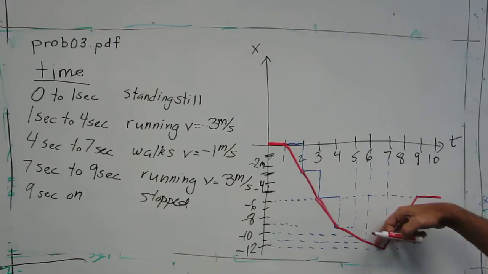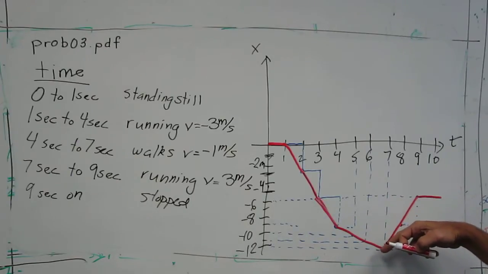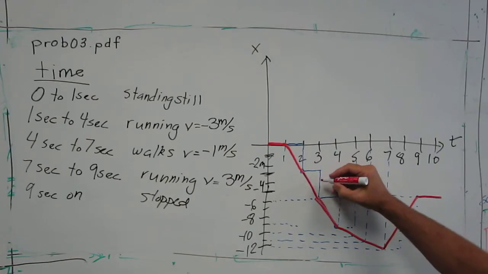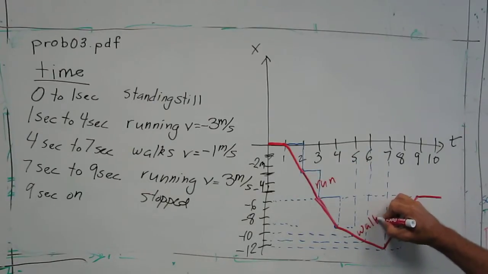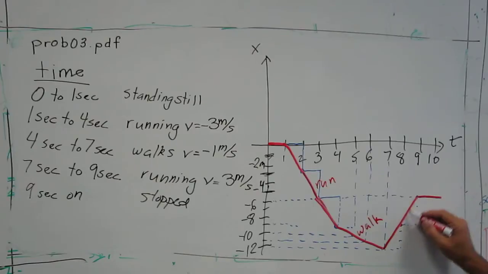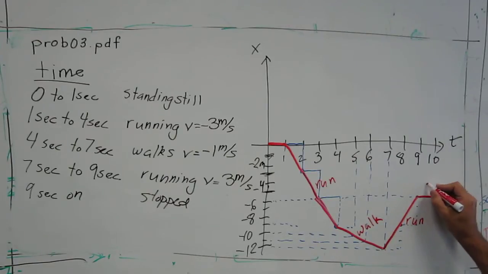Over here we're moving backwards, but we're moving backwards slowly. So this is the run, and this is the walk. And then here again we're moving forwards, the x position is increasing, and here we are running again, and here we're stopped. Okay, the next thing we're going to do is velocity.